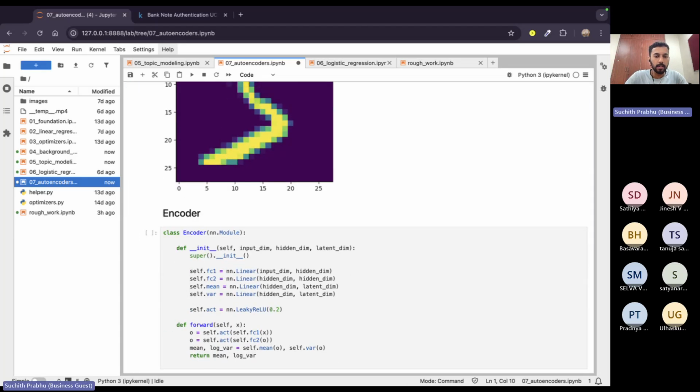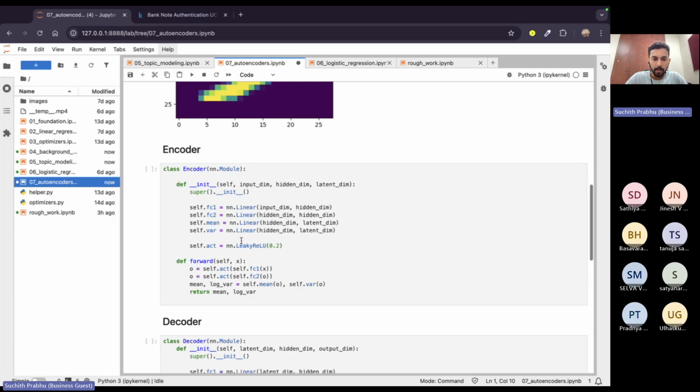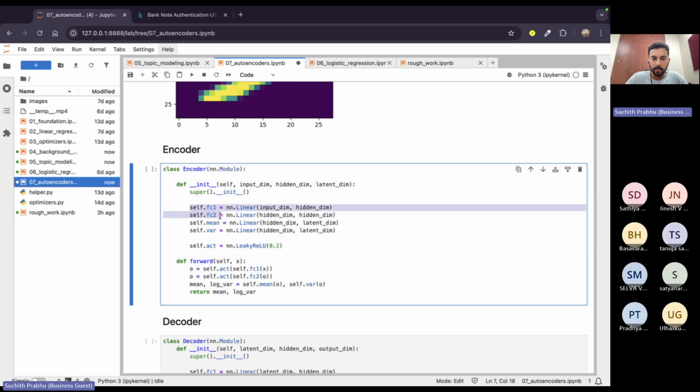So this is the encoder. In the lecture we saw that there was just one matrix operation followed by a nonlinearity, and we end up getting the latent features. This is the hidden network. But here there are two differences. One is that we have two layers over here.